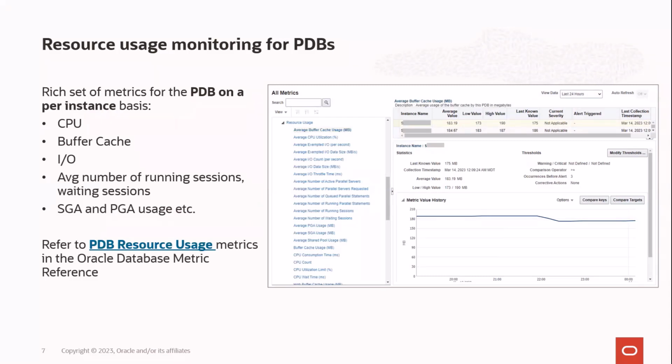You can monitor these metrics from the All Metrics page and also set thresholds to get alerts. These metrics are also documented under the PDB resource usage metrics in the Oracle Database Metric Reference Guide.